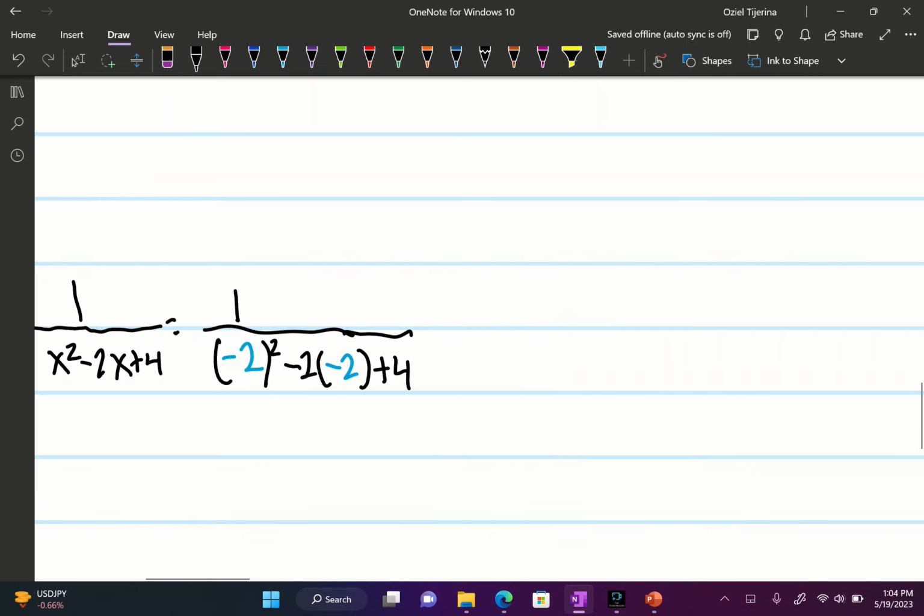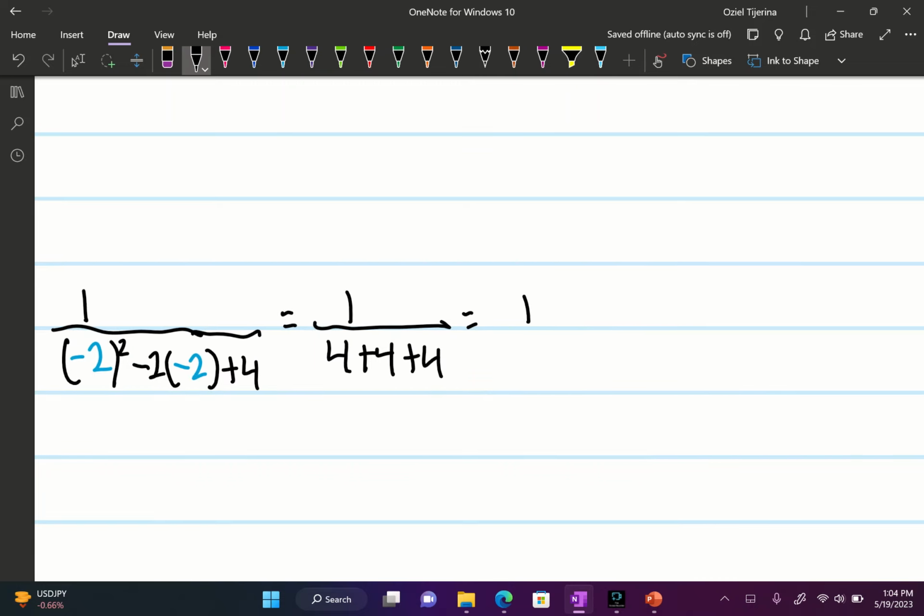And if we simplify this, we get 1 over 4 plus 4 plus 4, which is really 1 over 8 plus 4, which is equal to 1 over 12.